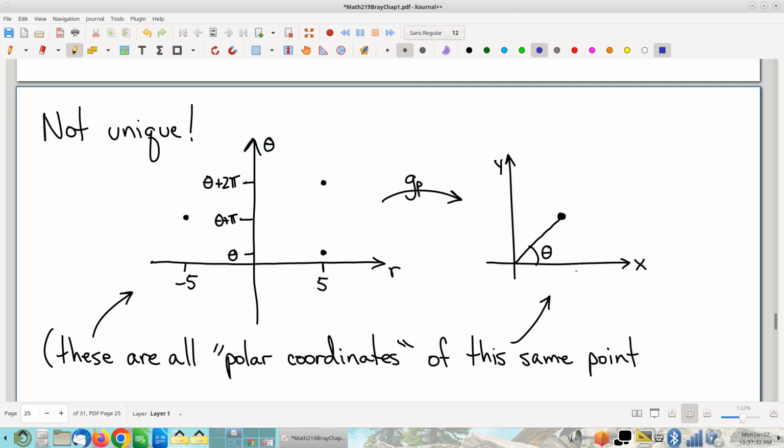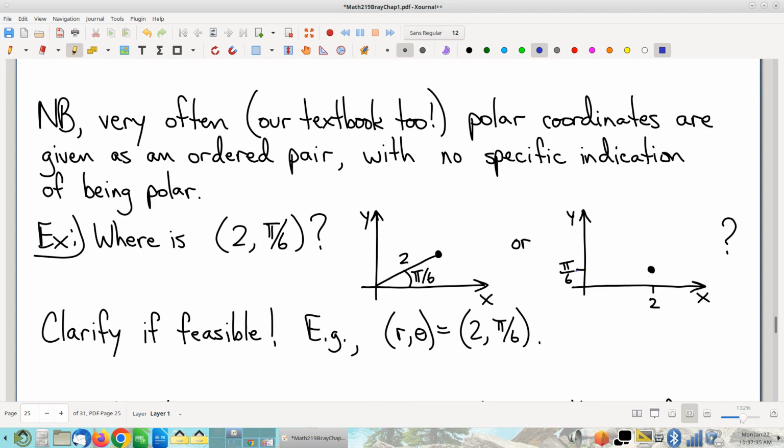Alrighty, so moving along. You do have to be careful with your notation. Our own book, in fact, is just a skosh sloppy on this. Forgivably, there's no ambiguity. I was not misled by anything the book wrote. But technically, there's an ambiguity in how, in lots of contexts, people are a little bit vague about how they write things. So, for example, 2 pi over 6. Now, most reasonable people would look at this and think, okay, that pi over 6 looks like an angle, so presumably this is an r comma theta.